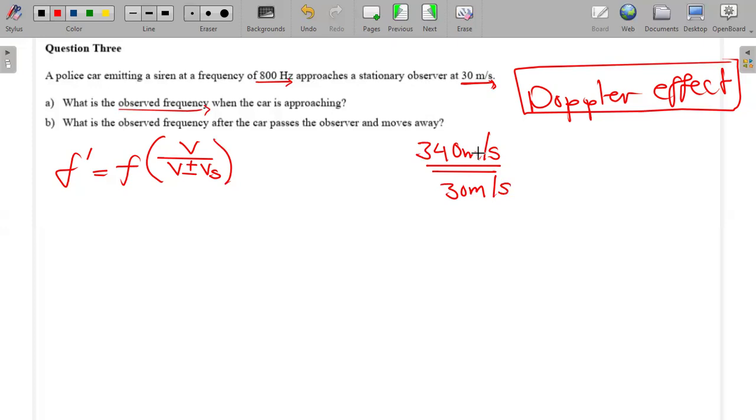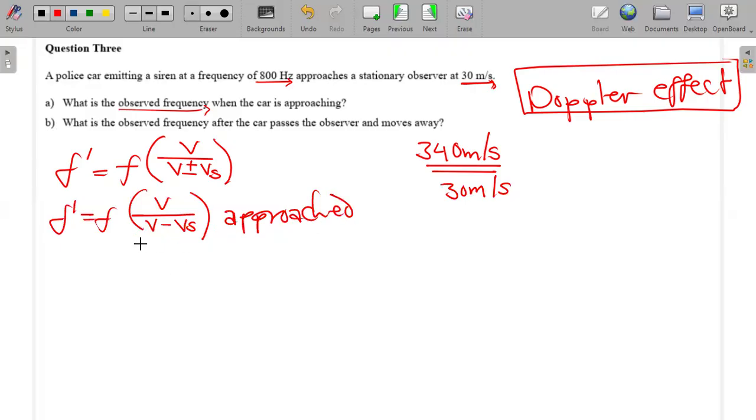Now, if the car is approaching the observer, this equation becomes: observed frequency equals source frequency times V, the speed of sound in air, over V minus Vs. If you are being approached by the source, this is it.